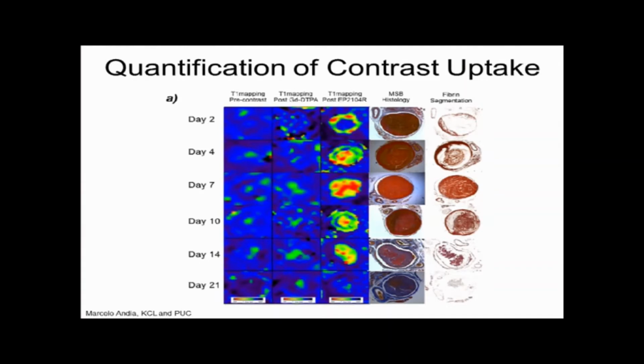And this, for instance, can then be used to quantify, in this case, the fibrin content in a deep venous thrombus. For instance, this is a model of DVT, and this is day 2, 4, 7 until 21, post-induction of a deep venous thrombus. And you can see here with T1 mapping how you can now quantify the fibrin content. In this case, there was a fibrin-specific agent being used, and you can see it nicely correlates with histology.